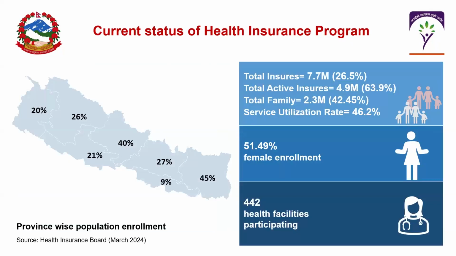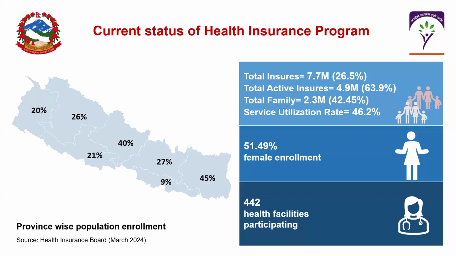The current status of the health insurance program is that the total enrolled population is 7.7 million, which is 26.5% of the population of Nepal, and active insurance is 4.9 million, with a total of 2.3 million families enrolled.